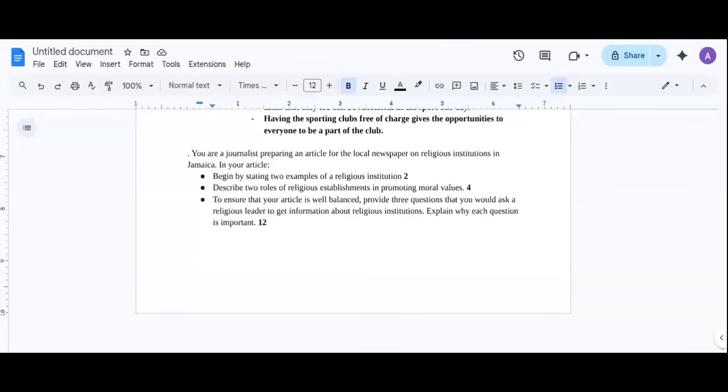Okay. How does your institution help young people learn good values? What challenges do you face when trying to guide people today? And how does your institution help the community outside of church or worship?